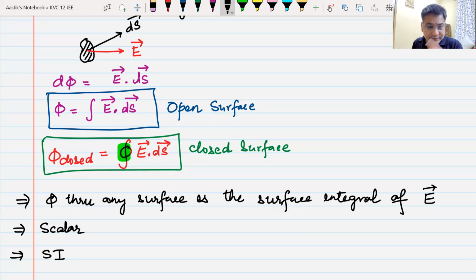What is the SI unit? Newton meter square by coulomb. You can also call it volt meter, or Newton meter square per coulomb.